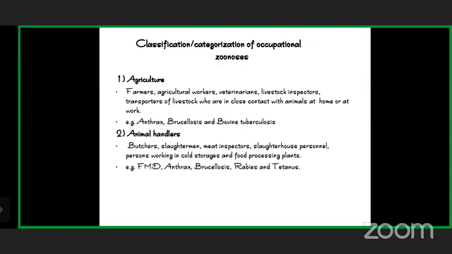So brucellosis, if you want any kind of comparison, is a disease which mainly focuses on the reproductive system of the persons who came in contact with this particular brucellosis organism.